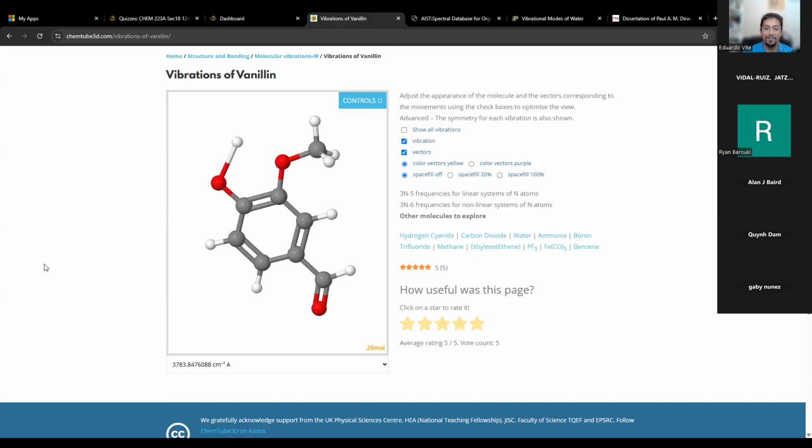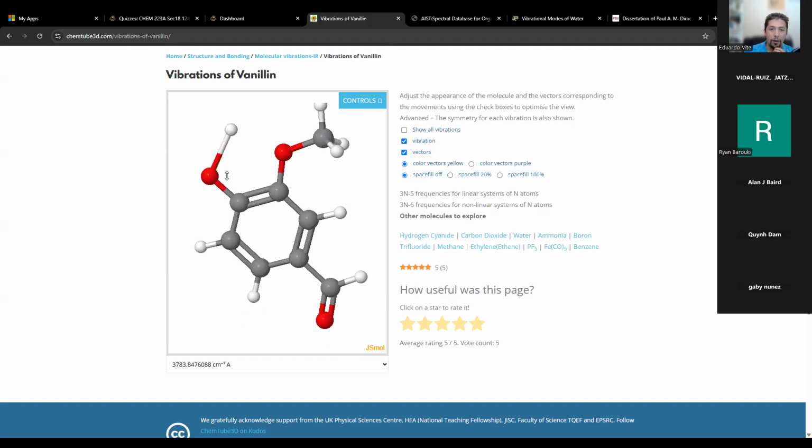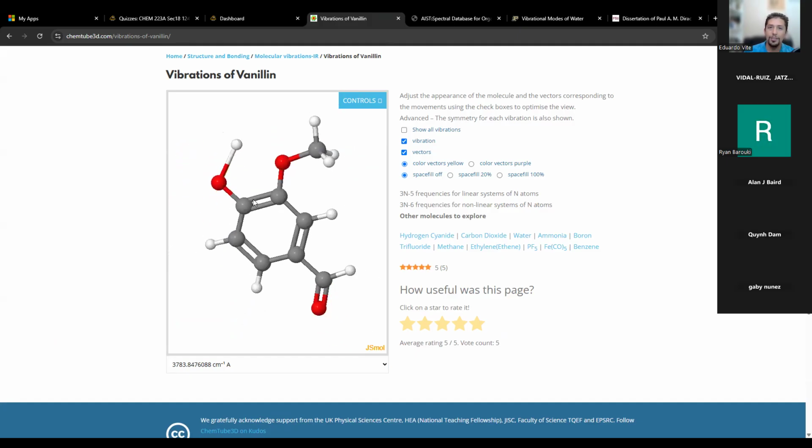So there it is. Very interesting one, right? Only the oxygen-hydrogen bond is vibrating. Nothing else. This is, again, the car only costs 5,000. It doesn't cost 4,000. It doesn't cost 4,500. It doesn't cost 6,000. It costs exactly 5,000.